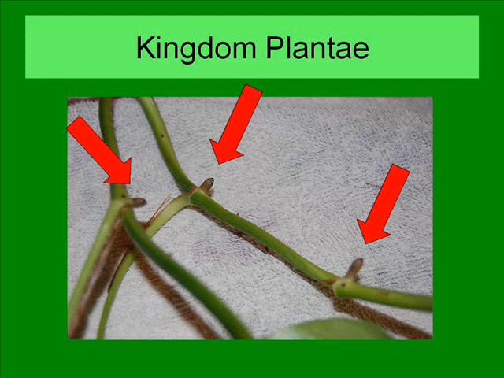I know this works because this particular plant that I cut this off of, I've done that many times: I take a cutting, put it in water, see it develop new roots, I plant those, and I get a whole new plant going again. So it's a nice feature for those of us who like plants, but it is one of the unique features of Kingdom Plantae.